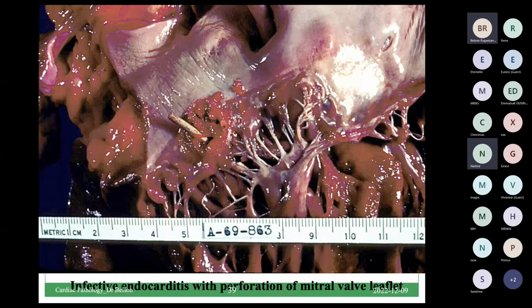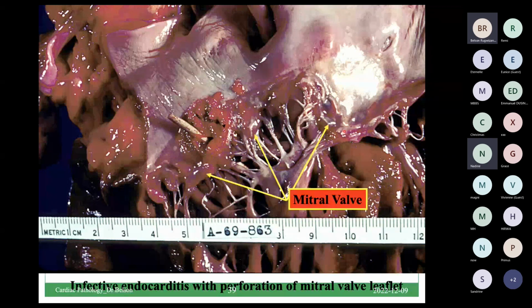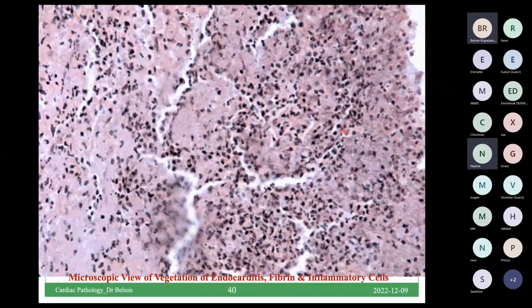This is just a mitral valve itself with vegetation. This is on histology. The blackish dots you are seeing are nuclei of inflammatory cells.